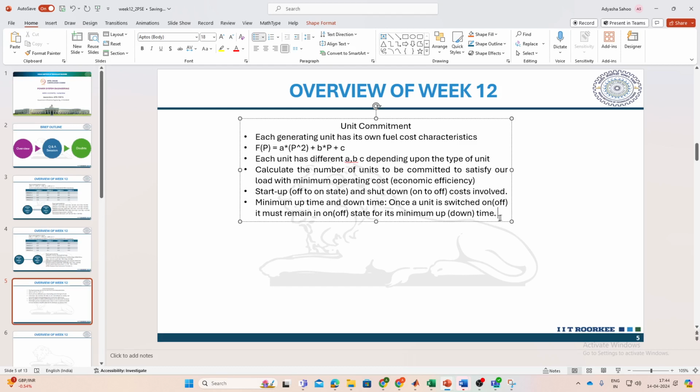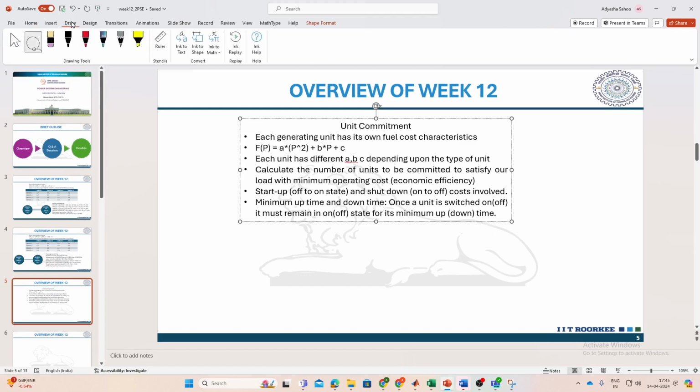So what this means is basically, let's say one plant was off at 10 a.m. and at 10 a.m. you're switching it on. So at t equal to 10, you have switched on the unit. And let's say its minimum uptime is 2 hours.